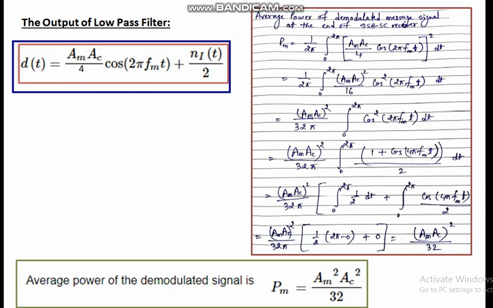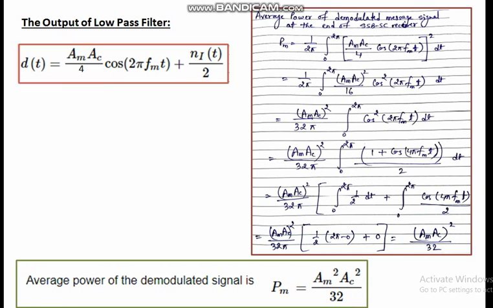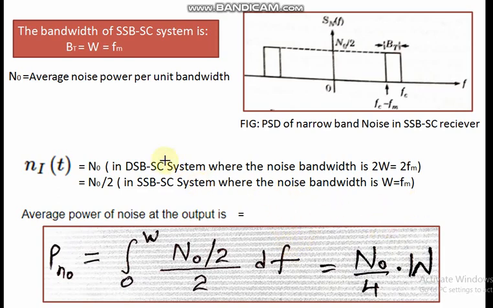And then we have to calculate the noise signal, that will be calculated in this manner.